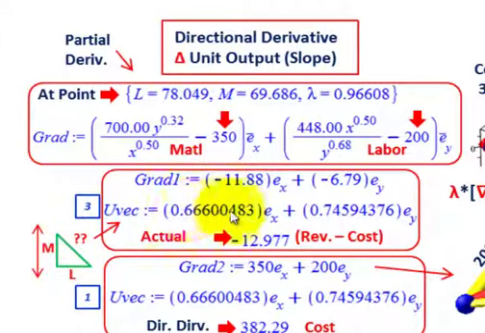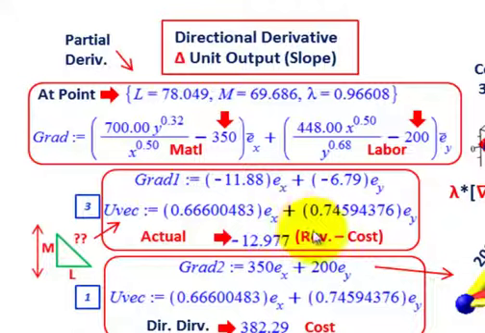So the unit vector for material is going to be 0.6660483. We have to put everything in terms of that unit vector, and that's for material, plus you're going to have 0.74 and so on for your labor. Then you just take those times the gradient, and this is what you're going to come up with, adding those together: negative 12.977.